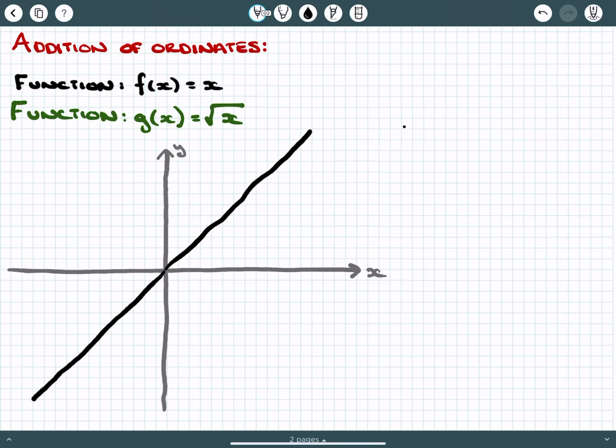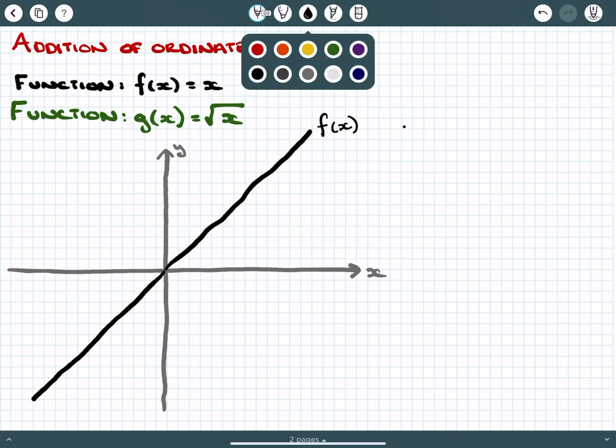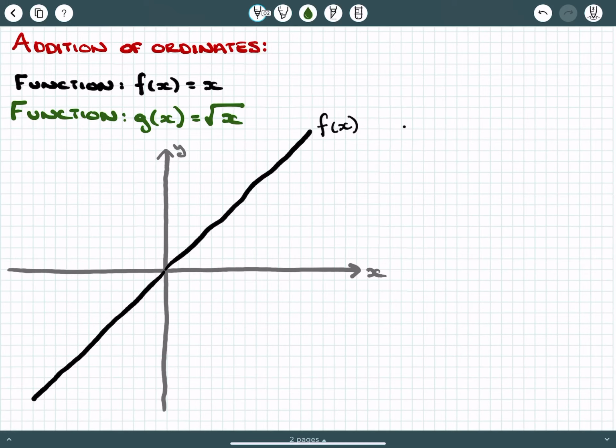And this function is f(x). And then we're going to sketch g(x). Now g(x) is a root function, and g(x) will look something similar to that.